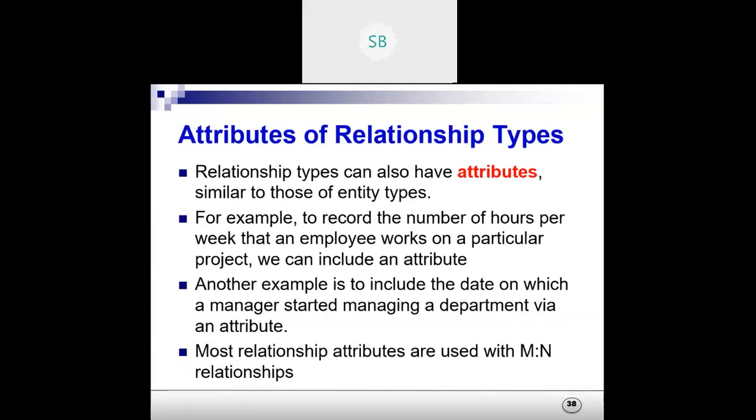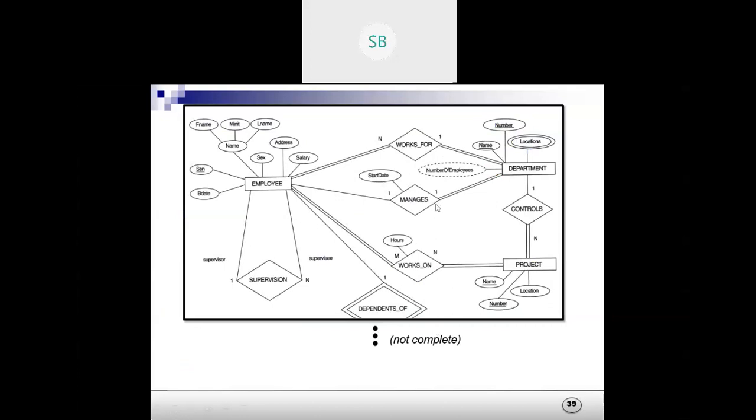Now we know that entities have attributes. The relationship types we studied can also have attributes. For example, managers can have a start date: from which date the manager started to manage the department. You cannot have this start date on the employee, because that start date means when he joined as an employee of the organization.